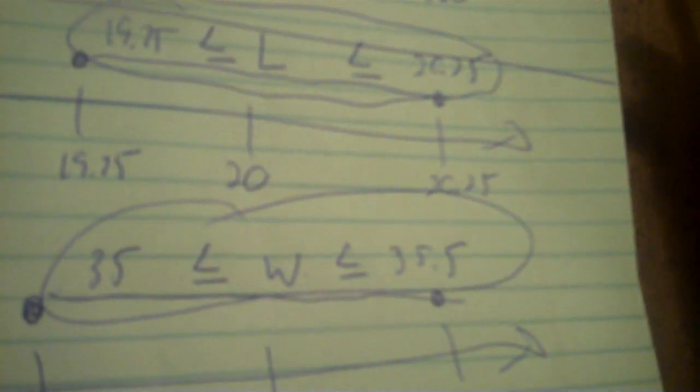Let's pick width. So 35 here, and then 35.5 here. So you open the sign to the maximum, then you open the sign to the W. We have a nice little inequality there. Compound inequality. Just trying to relate this stuff to real life.